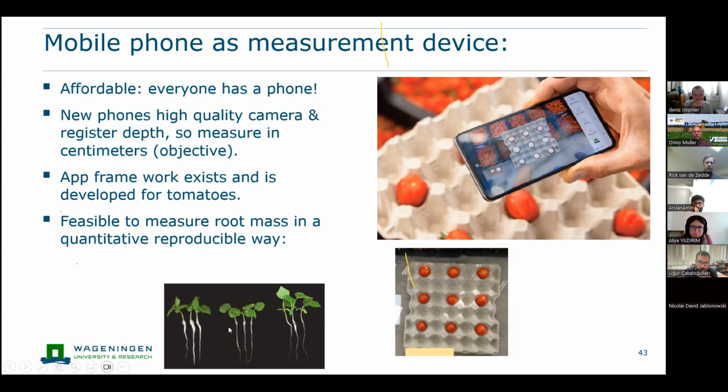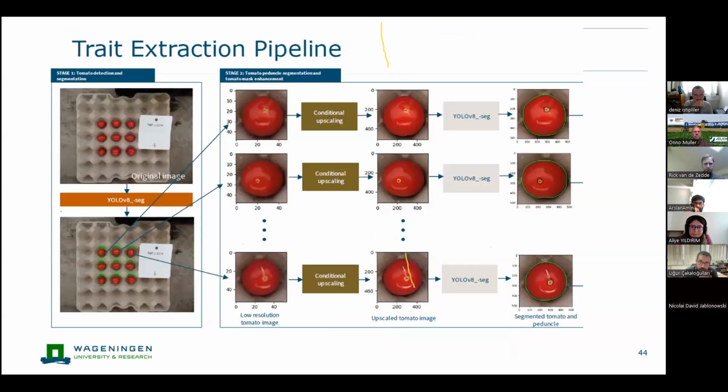Then we developed an app, which is a framework based on existing tools to turn that picture into measurements. We have been doing this on tomatoes, but we are at the moment also doing this for roots. Just to illustrate it, you take your picture with your own mobile phone, we structure the scene a bit, so the AI algorithm can easily identify the individual objects, in this case tomatoes.